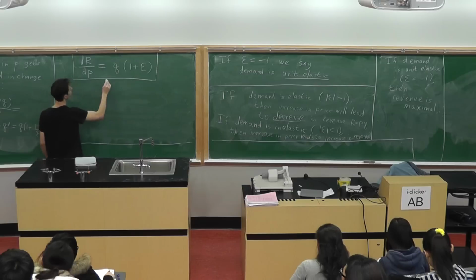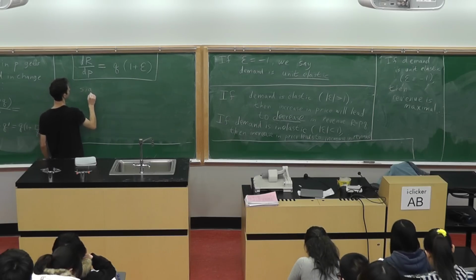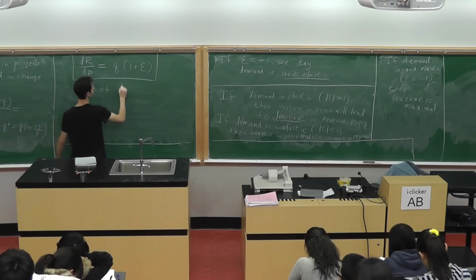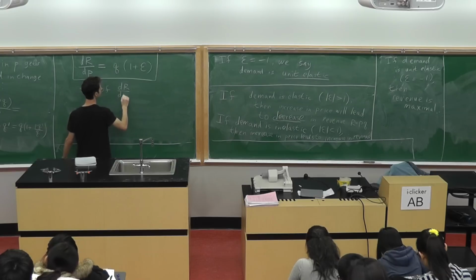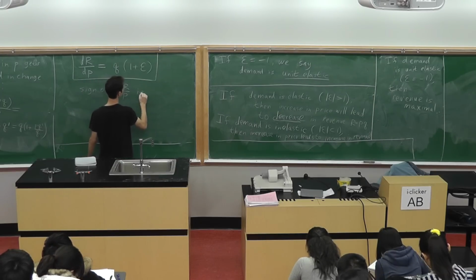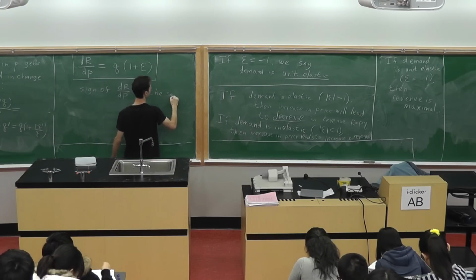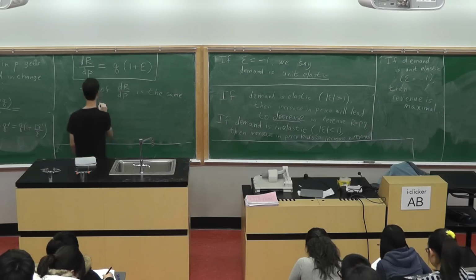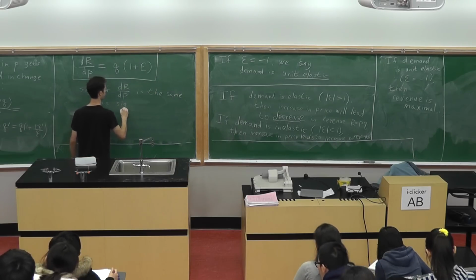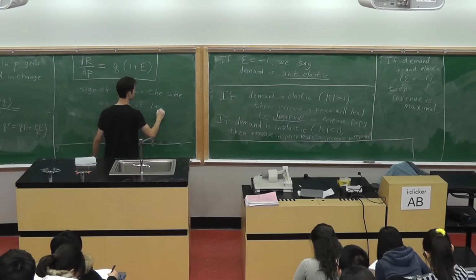So it tells you that the sign of dR by dP is the same as the sign of 1 plus epsilon.